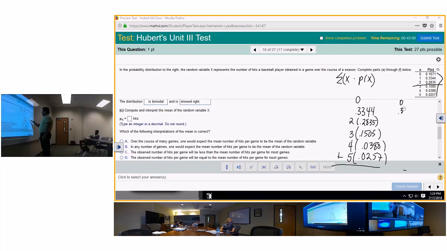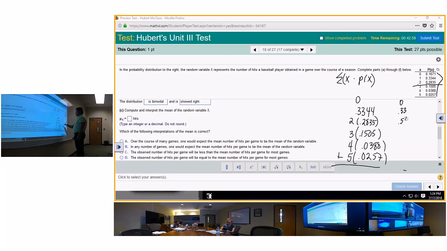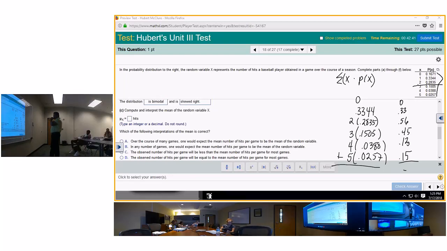Zero, 0.33, 0.56, 0.45, 0.12, 0.13, somewhere in there, 0.15, 60, 72, 72 plus 60 is 136, 169, around 1.7, what's it come out to be? 1.64. 1.64 is your mean.